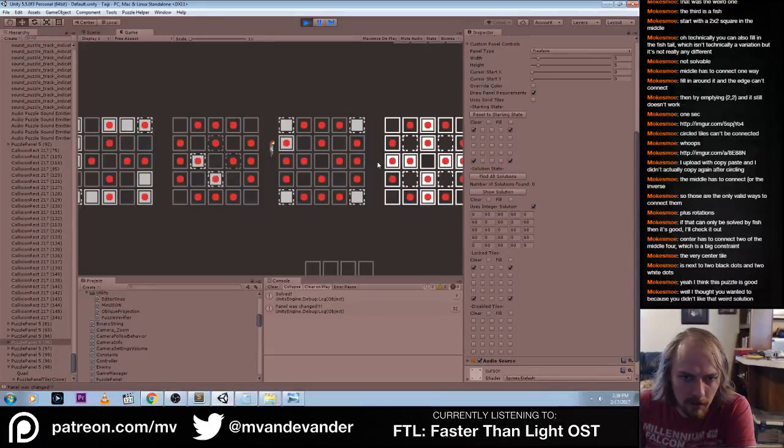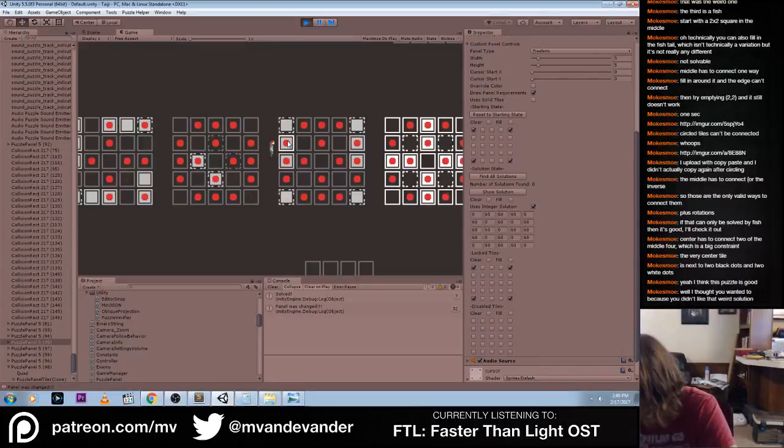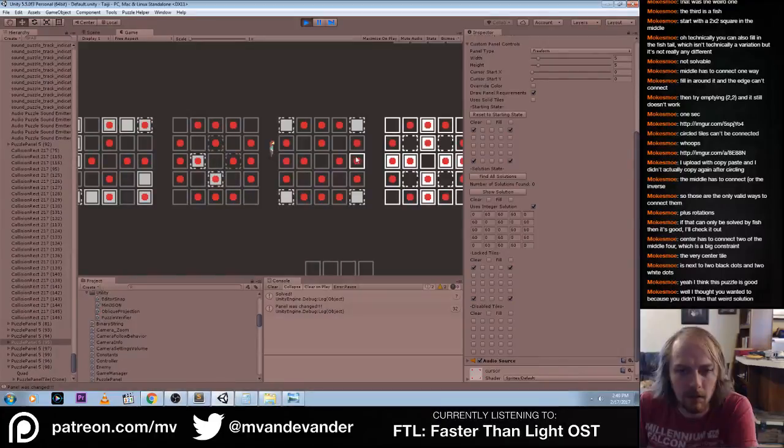I wonder what other solutions there are here. Is that the only solution there, by locking those corners, to solve it this way?